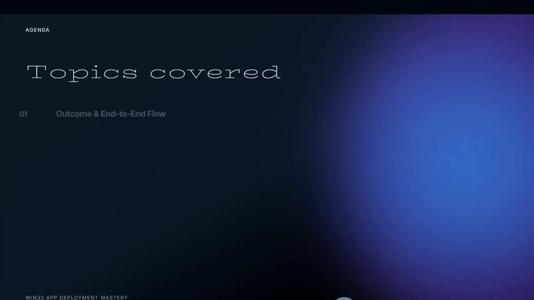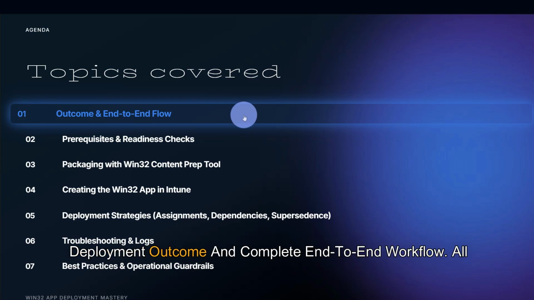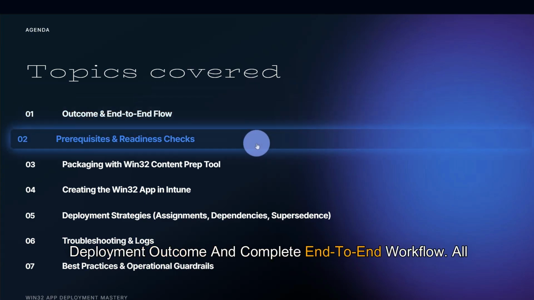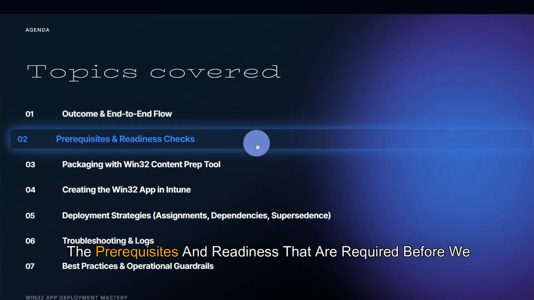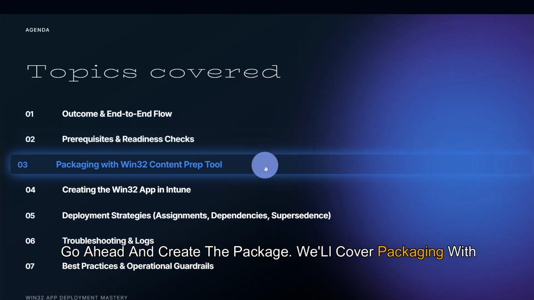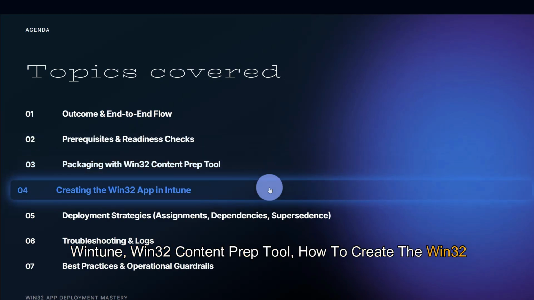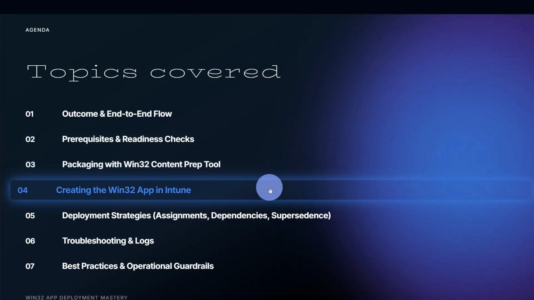Let's start. The topics that we'll be covering are the Intune Win32 application deployment outcome and complete end-to-end workflow, and all the prerequisites and readiness required before we create the package. We'll cover packaging with the Intune Win32 Content Prep Tool and how to create the Win32 application in Intune.